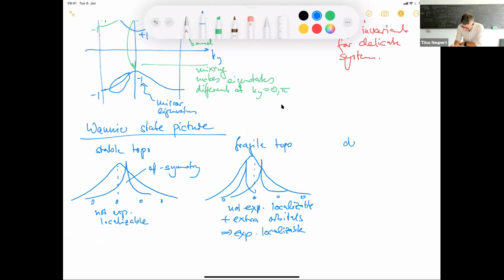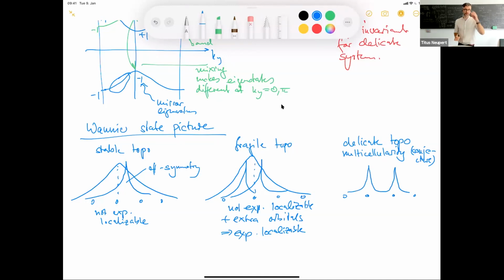And then there's the delicate case. And what we find there is something that we call multicellularity. And that's still a conjecture, let's say. So what we find there is that the Wannier states are exponentially localizable in such a delicate system.